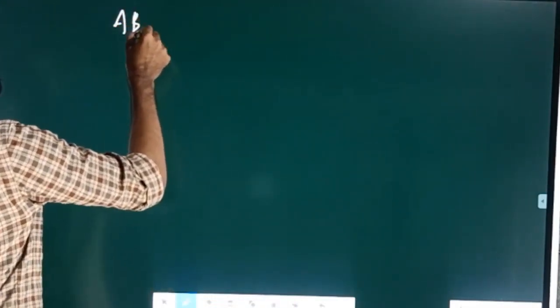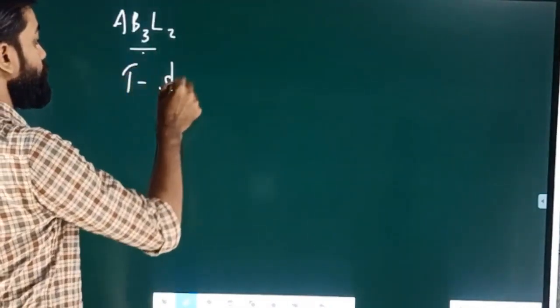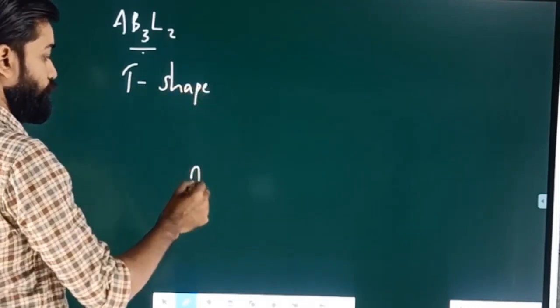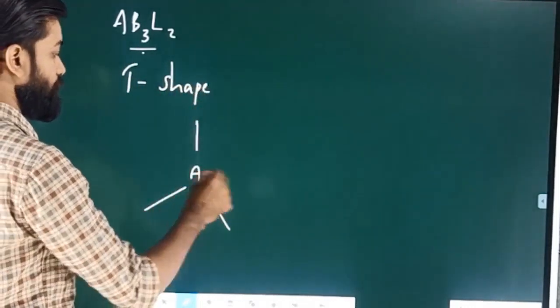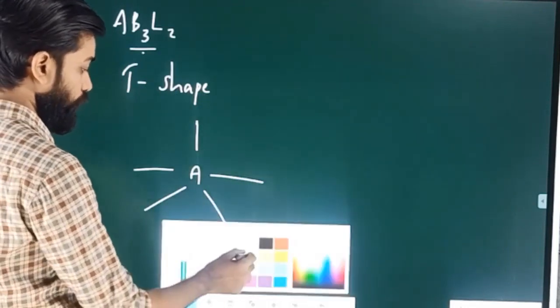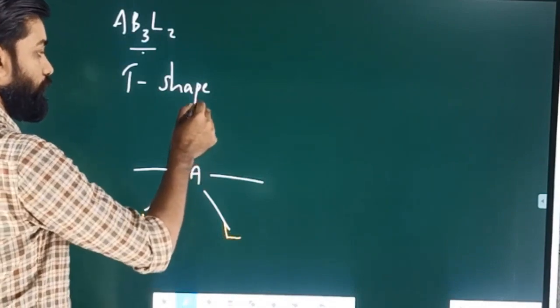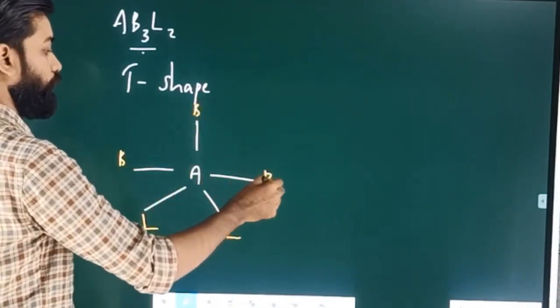So moving to the next, AB3L2. AB3L2, the shape is called T shape. So you want to introduce two lone pairs. So A is here. This is the geometry. You place those two lone pairs in these positions. So here is a bond, here is a bond, here is a bond.